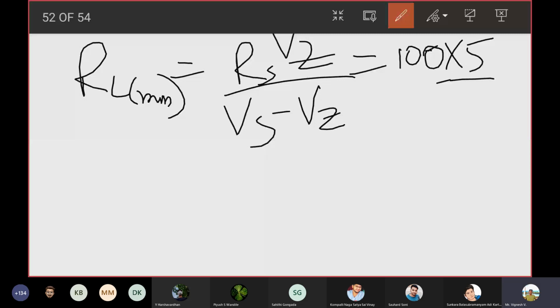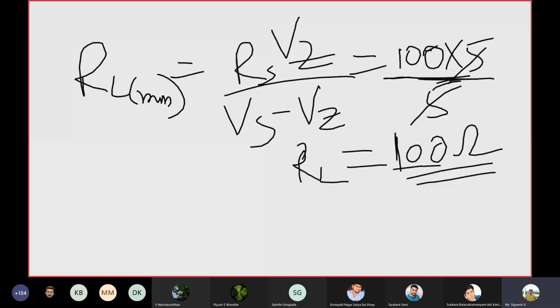VS is 10, VZ is 5. So divided by 5. What is the answer? RL min should at least be 100 ohms. You cannot have an RL resistor there below 100 in the circuit. If RL is below 100, this Zener diode is not going to act like a voltage regulator.